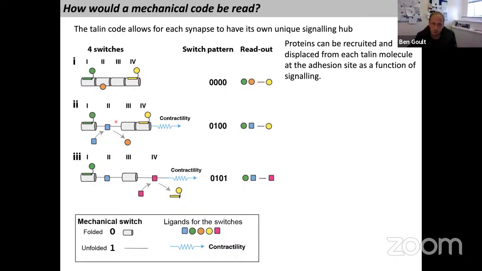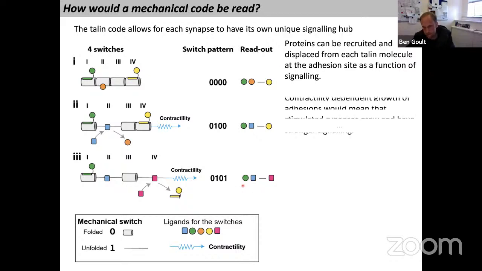You pull on it, you alter the pattern of those signals, and it might be that that then primes that synapse, or it might suppress it, but you could be constantly tuning the activity of the adhesion complexes in each of these in a much more dynamic and quantized fashion than you might predict. And you pull on it again, you change it some more.